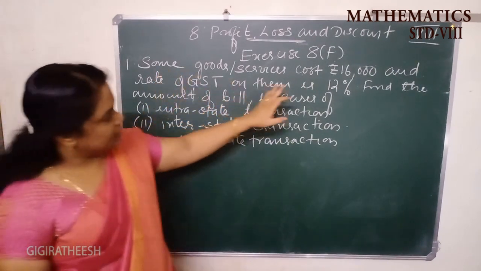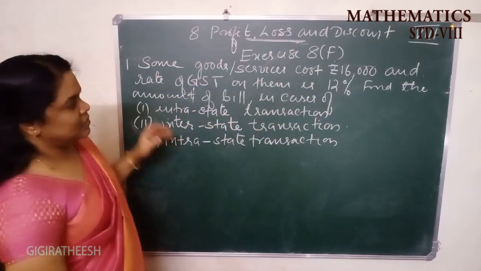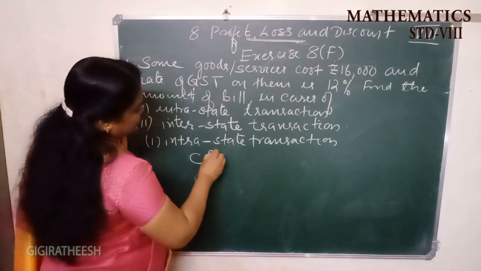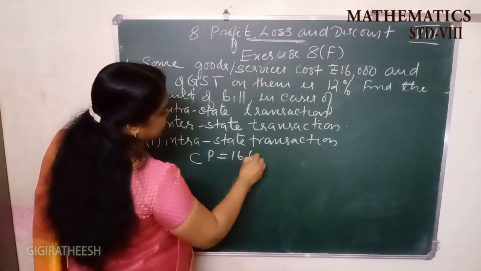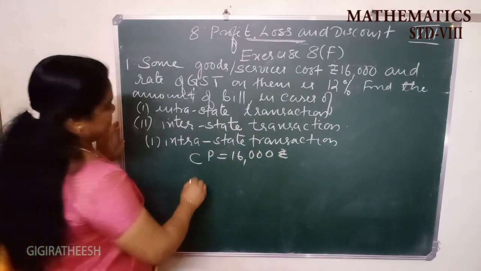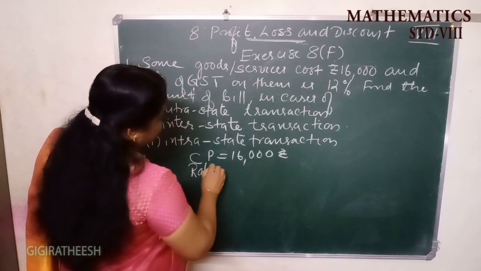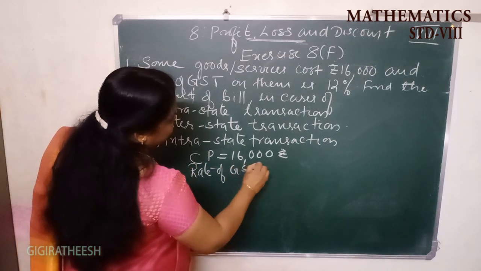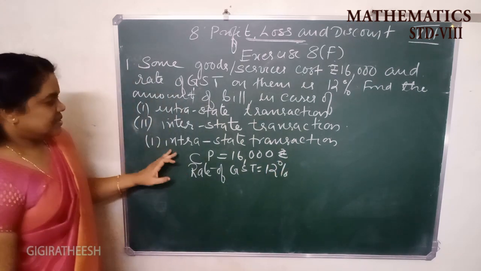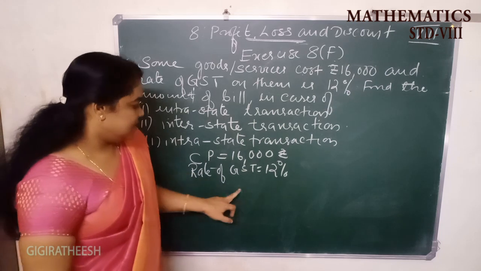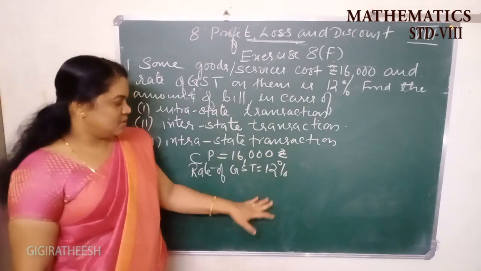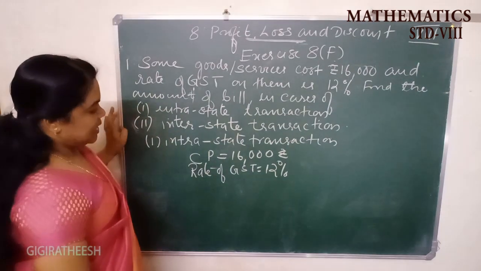The cost of the goods and services, cost price CP, is equal to 16,000 rupees, and the rate of GST is 12%. For the intrastate transaction, we divide this rate of GST, 12% divided by 2, that is 6% and 6%.